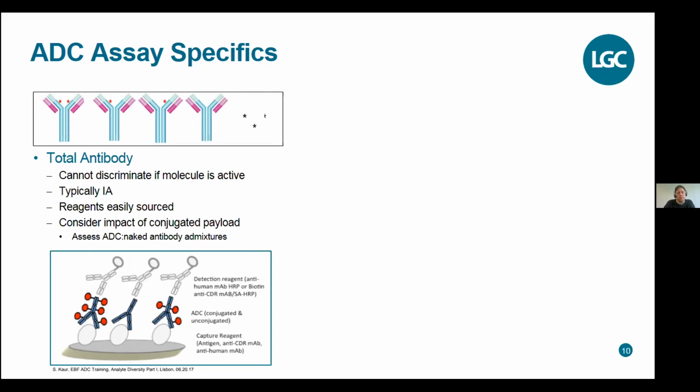And what I mean here is that if we have more or less payload conjugated, is that going to make the assay more or less sensitive to give you a response? And so what we can do is actually designing a characterization of the assay to assess the ADC and naked antibody admixtures to make sure that we are recovering what we think we're going to be recovering.